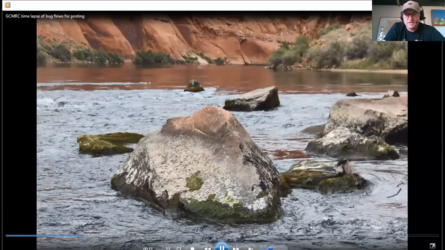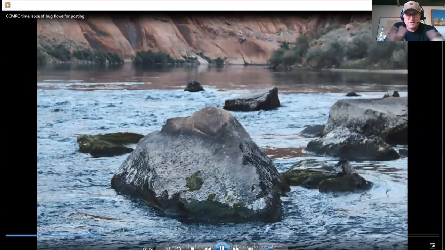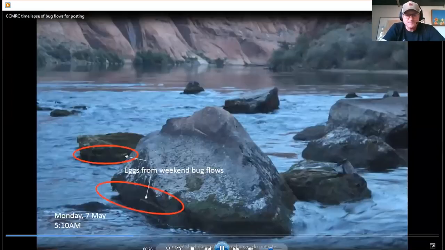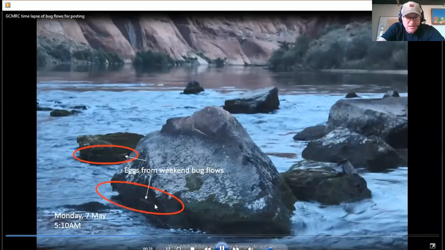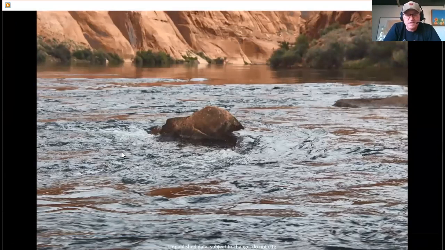Aquatic insects love these emergent rocks for their egg laying. And so you can see a whole day of just steady water. Now this is Monday, a return to the fluctuations. And you can see this yellow banding here. These are tens of thousands of eggs that were laid down on Sunday, essentially.